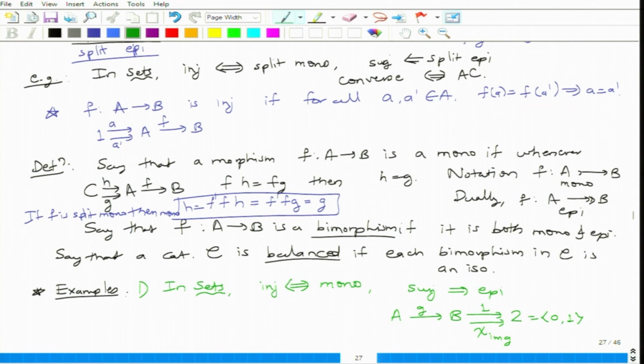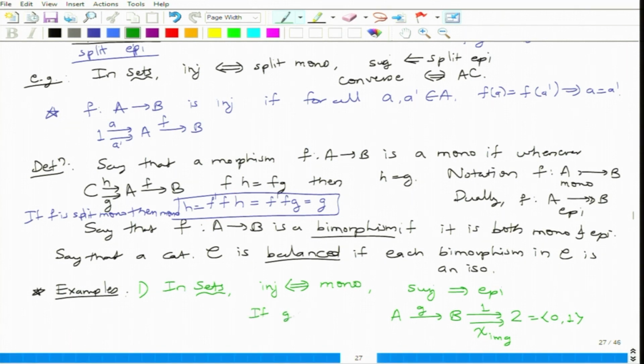So if G is an epimorphism, then in this diagram, 1 composed with G and chi im G composed with G are equal. Let me write this.